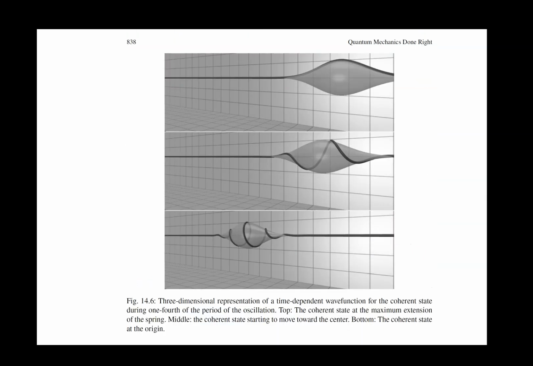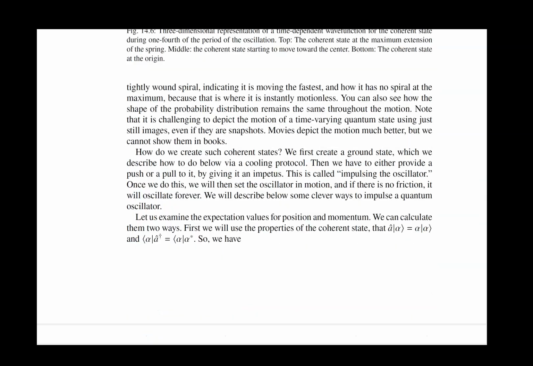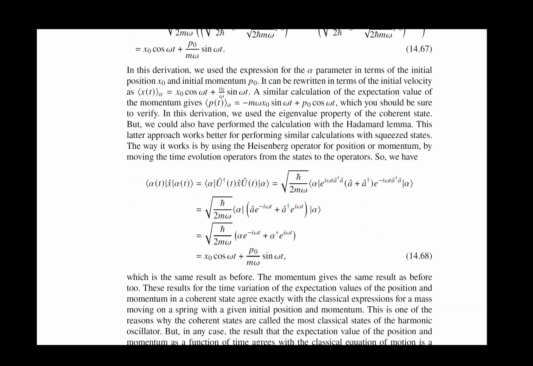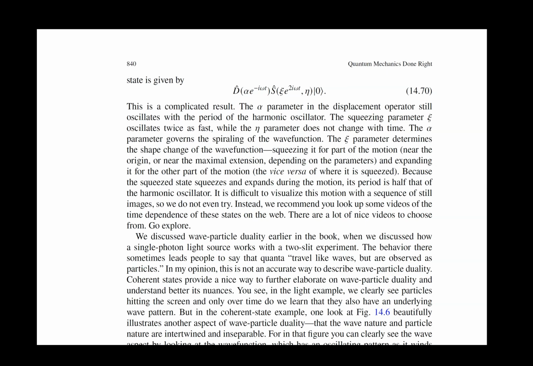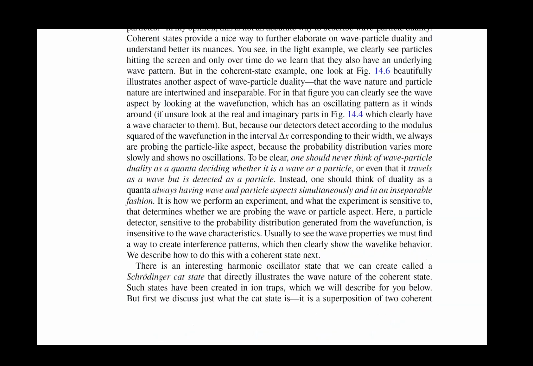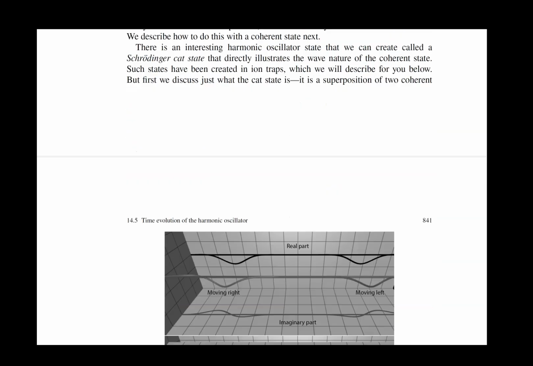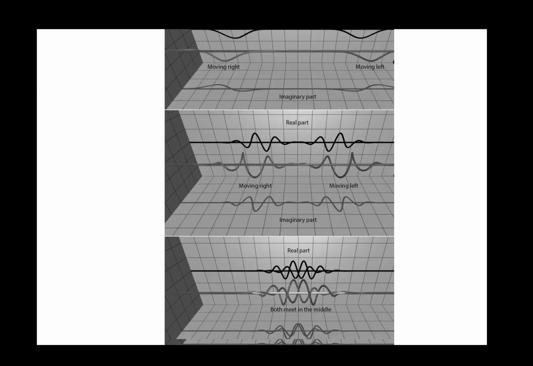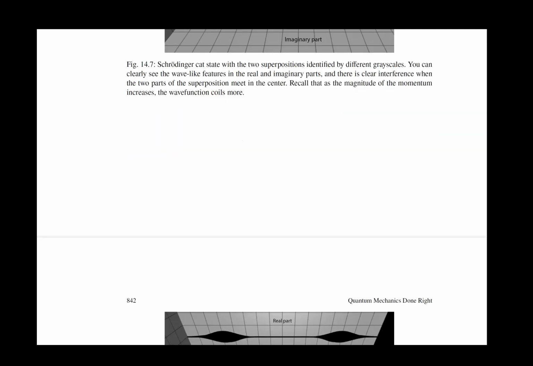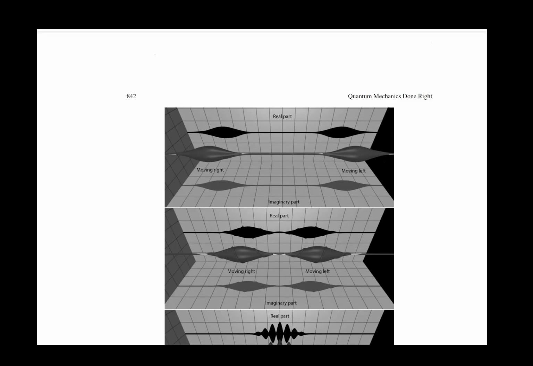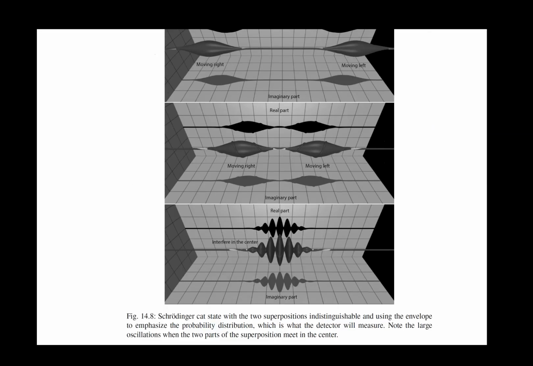Okay, the time evolution of coherent states and of squeezed states turns out to be a relatively simple thing to do. It really just uses the Hadamard lemma to work out the results. We have some nice images here that illustrate things. And we talk about something called a Schrodinger cat state, which has this really beautiful interference pattern.